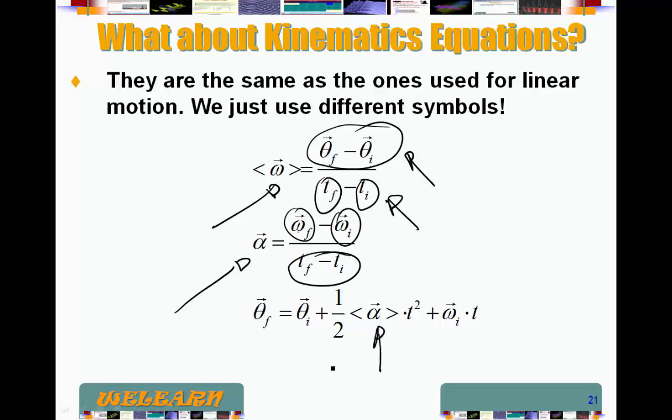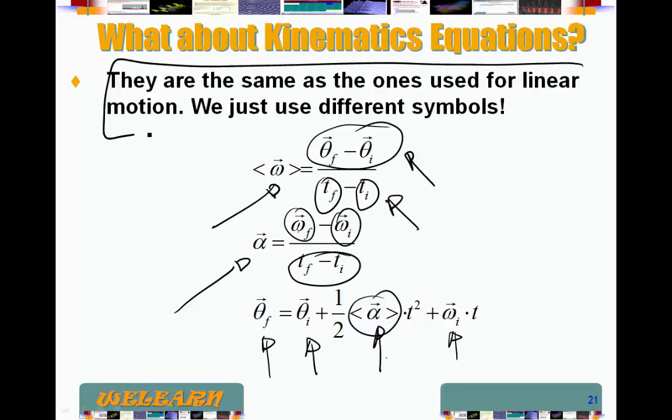So if this is my constant acceleration alpha, then my final position is my initial position plus the initial velocity times t plus 1/2 of alpha t squared. In other words, they are just the same equations we have used for linear motion. We just are using different symbols.